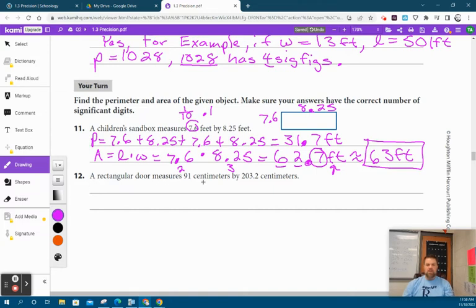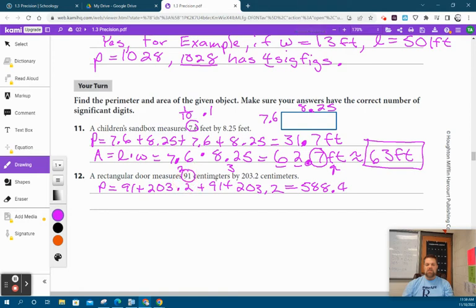A rectangular door measures 91 centimeters by 203.2. If we do the math, we say that P is equal to 91 plus 203.2 plus 91 plus 203.2. When we add all that up, it's going to be 588.4 if we plug that in the calculator.